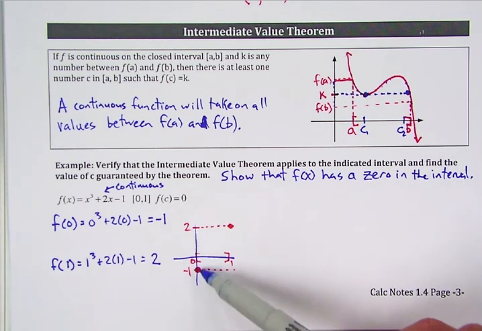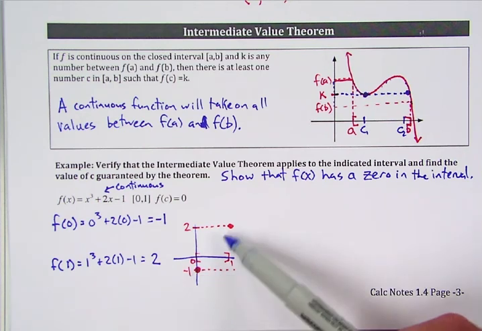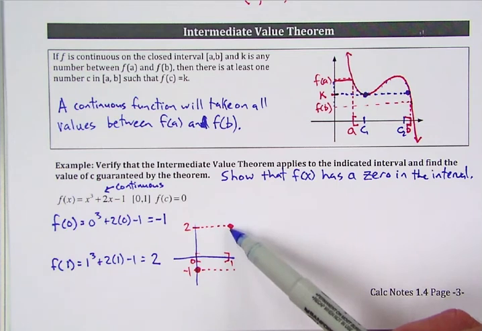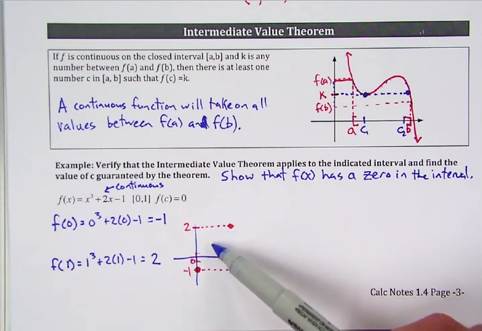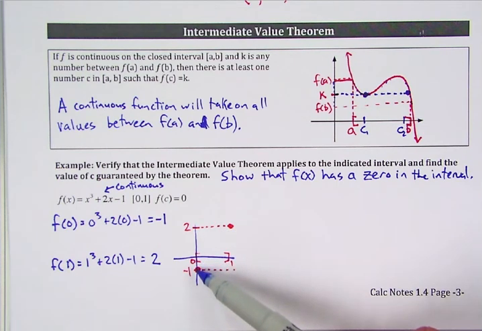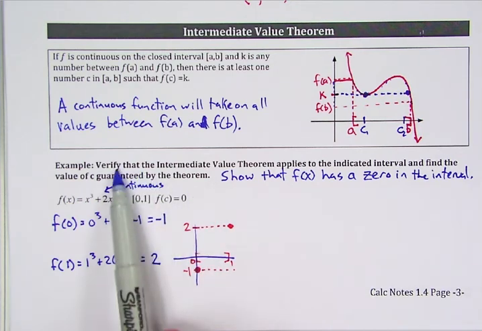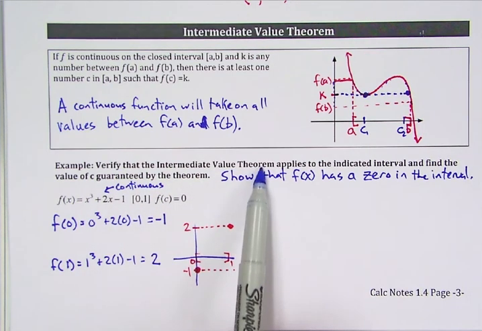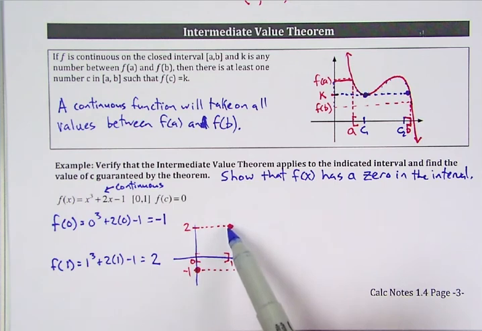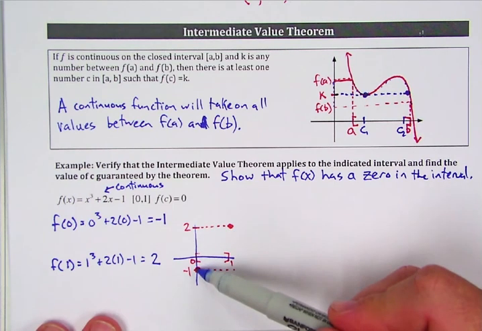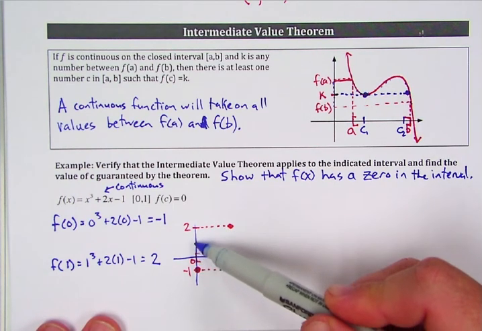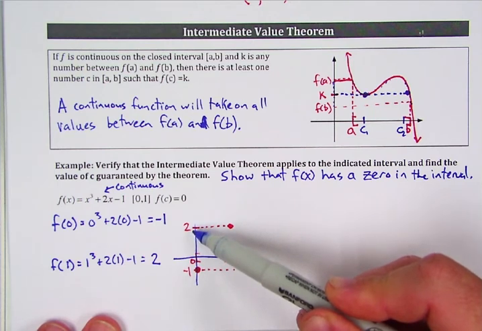Okay, so if we start here at negative 1 and we end here at positive 2, and we know this function is continuous, what does the intermediate value theorem tell us about the function? Well, it tells us that it equals every possible number between negative 1 and 2.